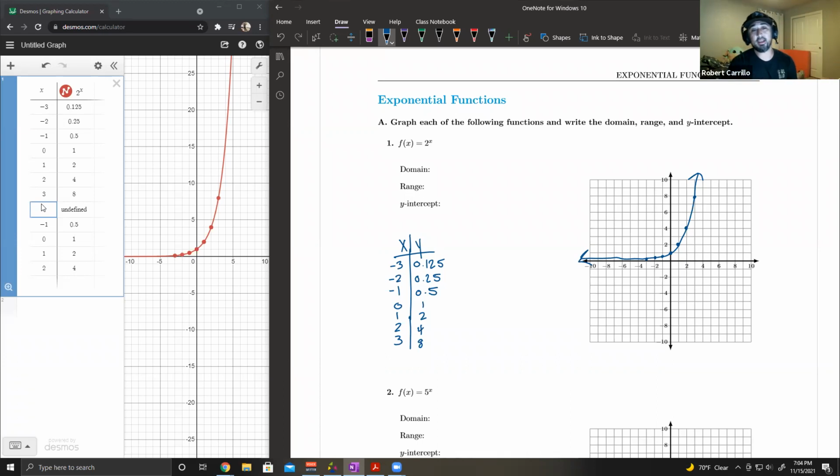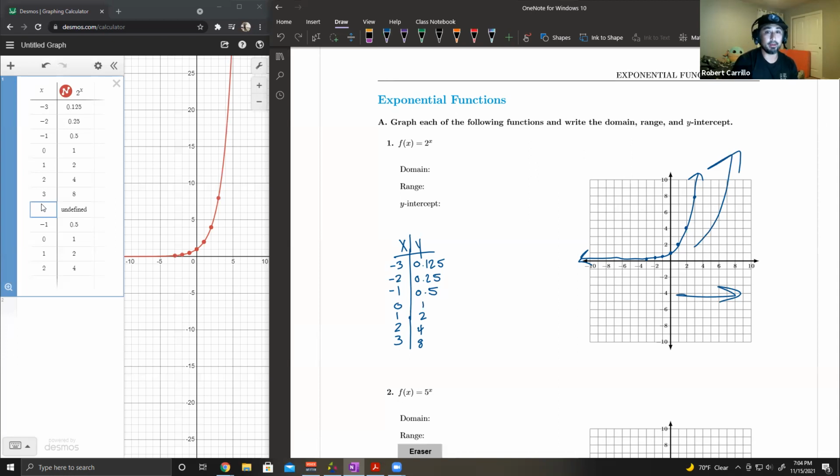As the graph goes to the left, it gets really, really close to 0, but will it ever touch 0? Nope, it will never touch 0. It'll get really close, but it will never touch 0. And as your x values go out to the right, your y values get larger and larger and larger.